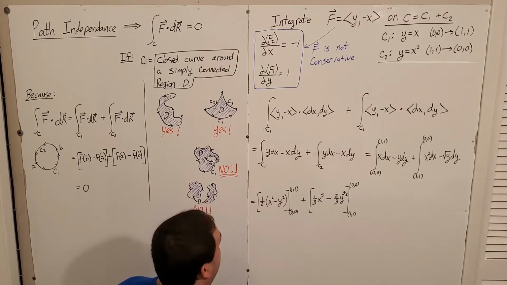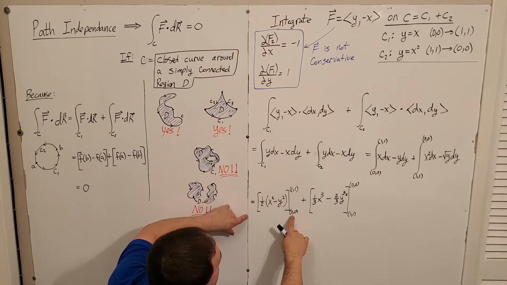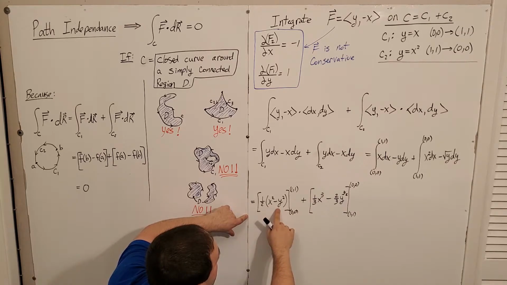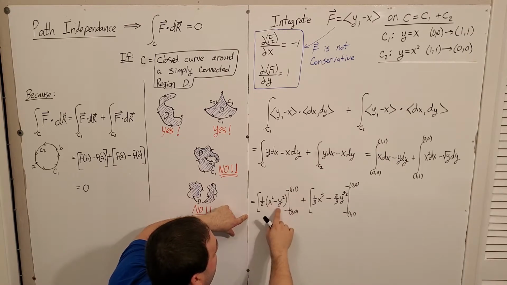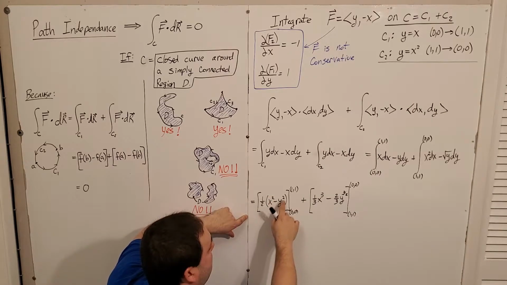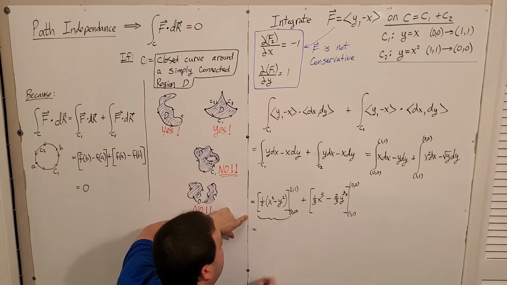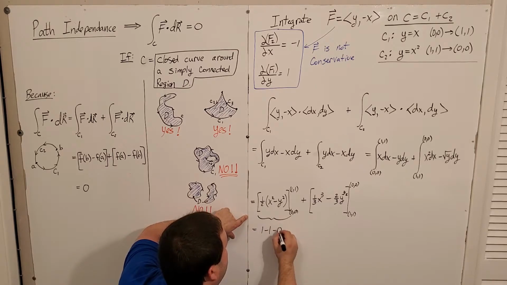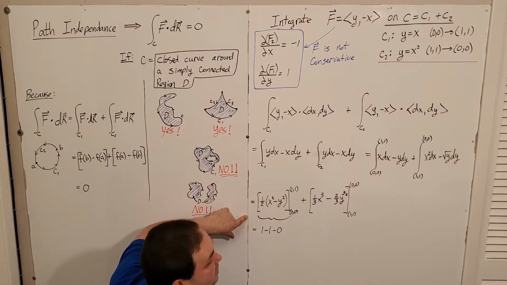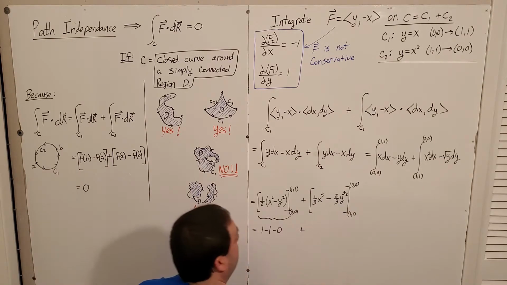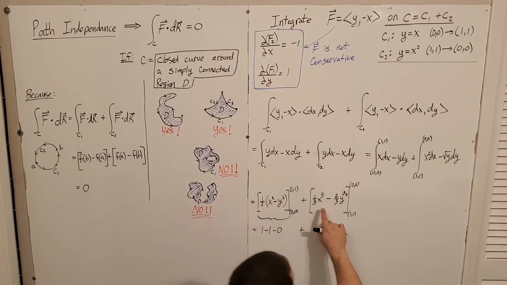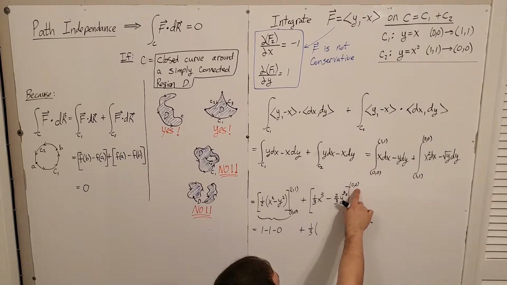Okay? So when I plug in 0, 0 here, I get 0. When I plug in 1, 1, I get 1 squared minus 1 squared, which is 0. So this piece right here is 0. Plus, let's see, right here, I can factor out a 1/3. If I plug in 0, 0, it's all zeroed out.